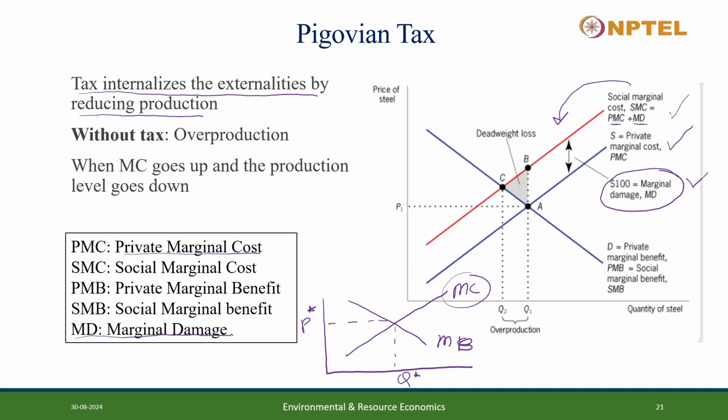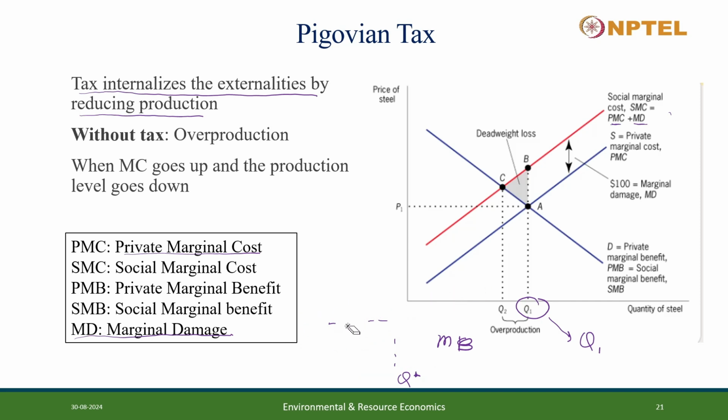Initially, when we equate the private marginal cost and the marginal benefit, that is both the blue lines, we get the optimal quantity Q1 without internalizing the externalities. However, when we consider the marginal damage caused by the firm to society or the environment, we get the level of Q2.